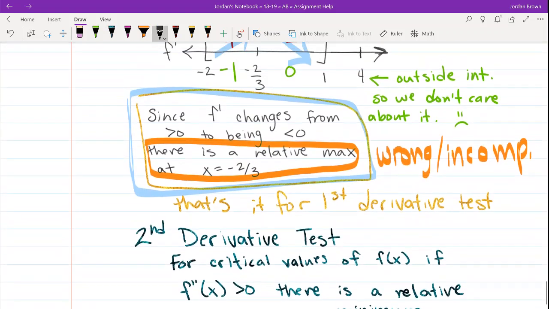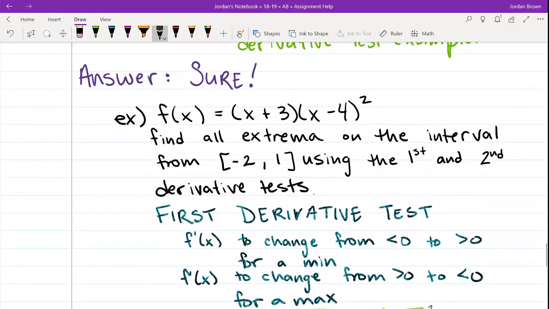So just to go ahead and pull the original function down.